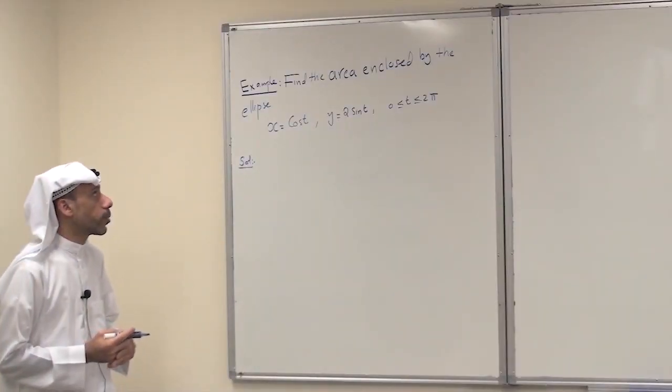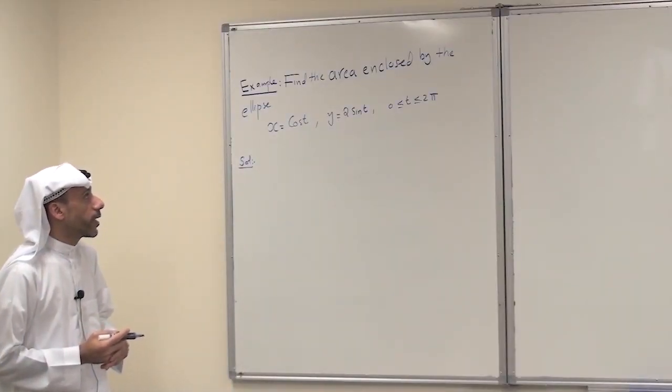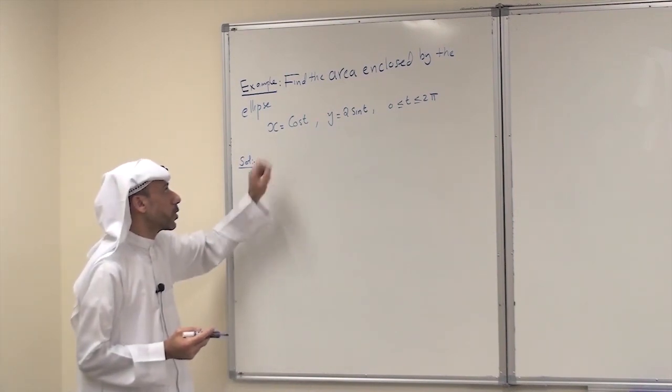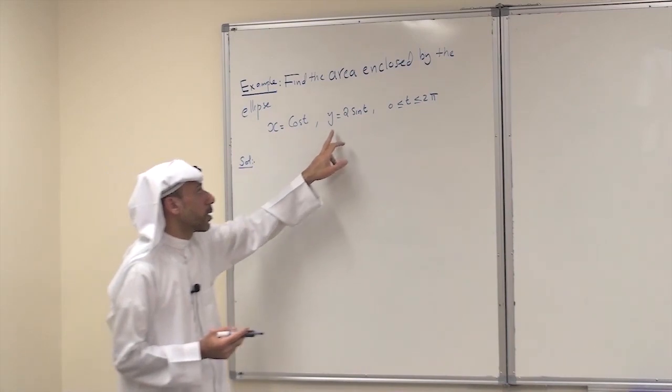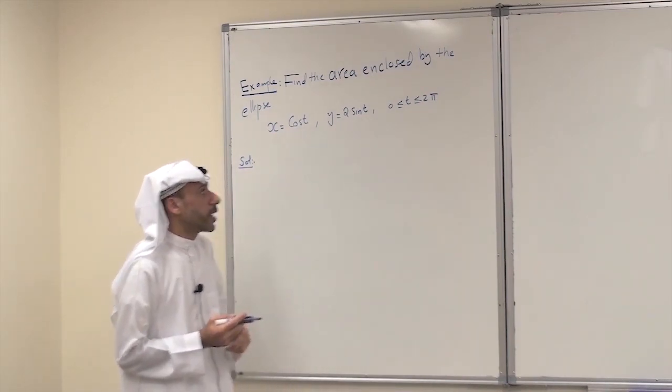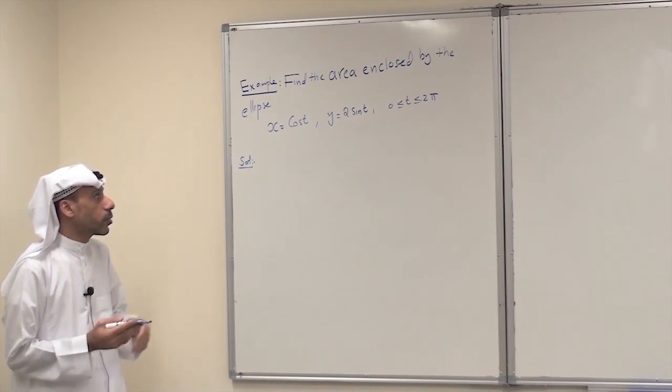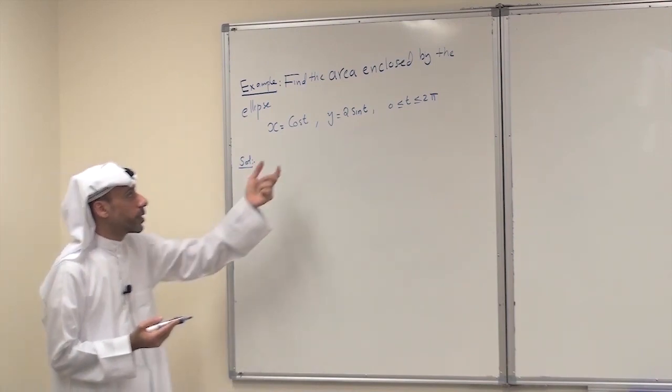Let's consider this problem. Find the area enclosed by the ellipse given by the parametric equations x equals cosine t, y equals 2 sine t over the time interval from 0 to 2 pi. Here to start the solution, it will be nice just to sketch the ellipse.